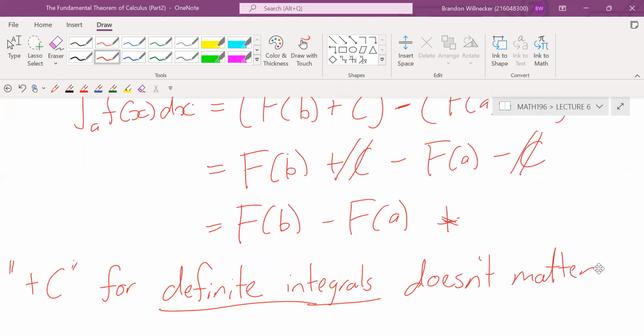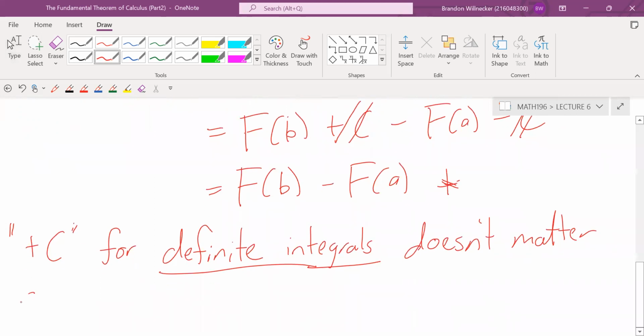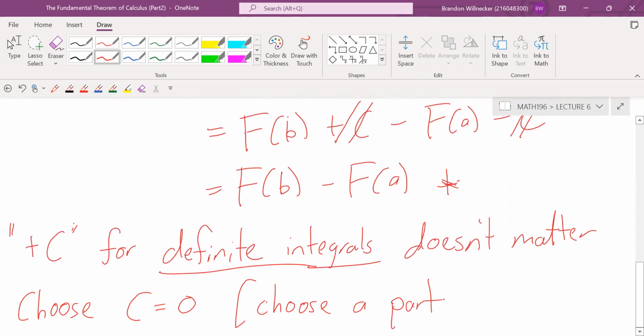We will see later on when we do the things called indefinite integrals, well, then it does matter. But for now, it doesn't matter. So if it doesn't matter, well, we could just choose c to be equal to 0. In other words, we choose a particular antiderivative where the c is 0.